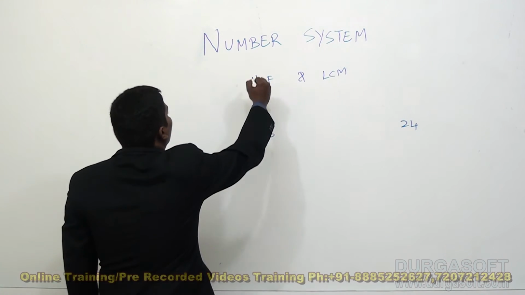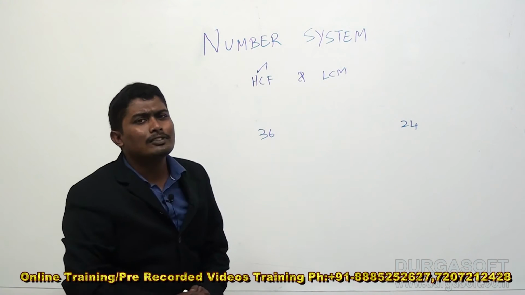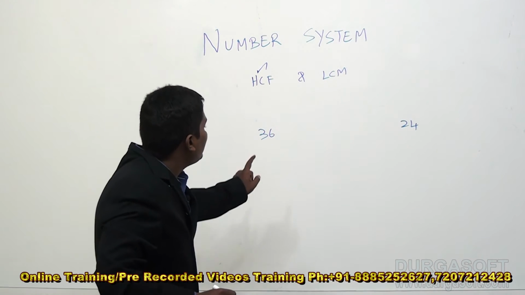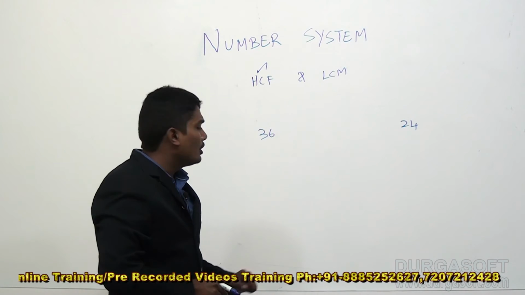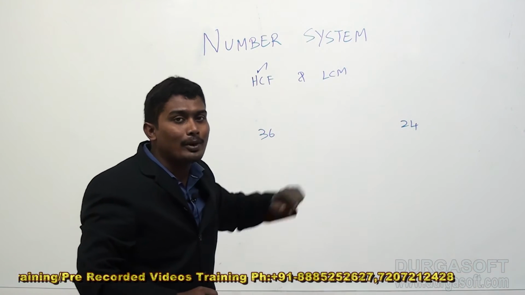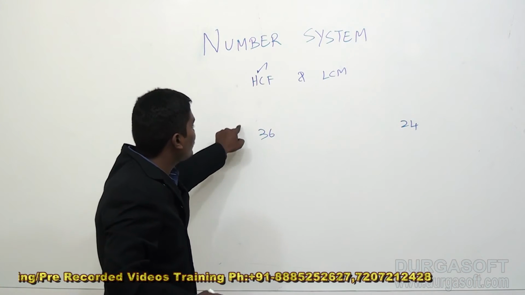First I will try to find the HCF. So what does HCF stand for? Highest common factor. So it is highest among the common factors. So to find the HCF, I will first need to know the factors of these numbers 36 and 24. So I will try to write the factors of 36.